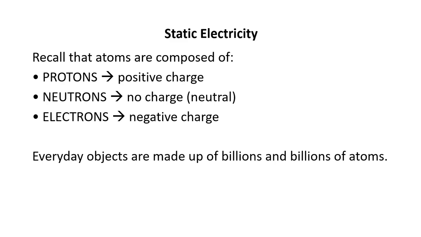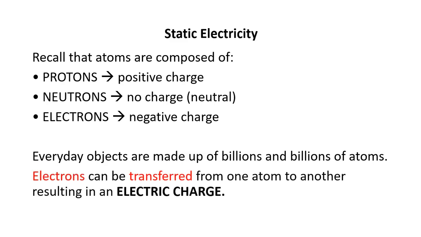Everyday objects are made up of billions and billions of atoms. We're going to be looking at some pictures in this unit and we're going to simplify them big time. And remember, it's only electrons that can move, right? Protons are locked in the center of the atom in the nucleus, surrounded by layers of electrons.